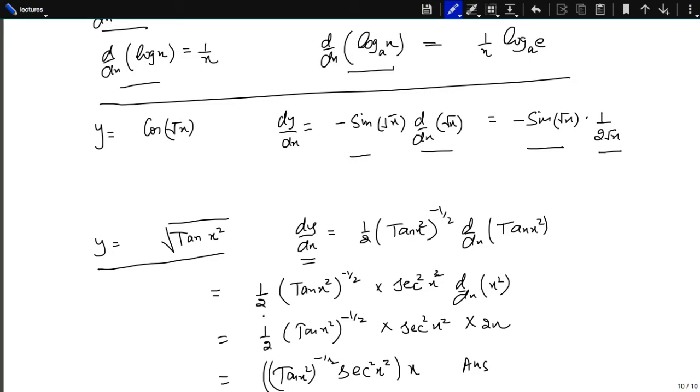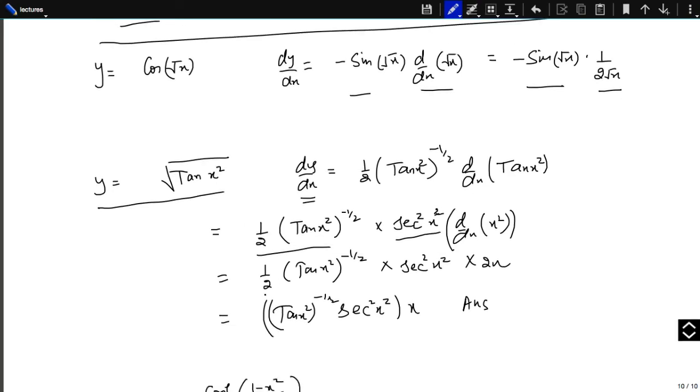That is 1 upon 2 tan x square raised to power minus 1 by 2 into derivative of tan x square, that is sec square x square into derivative of x square, that is 2x. This 2 cancels and the answer is tan x square whole raised to power minus 1 by 2 sec square x square into x.